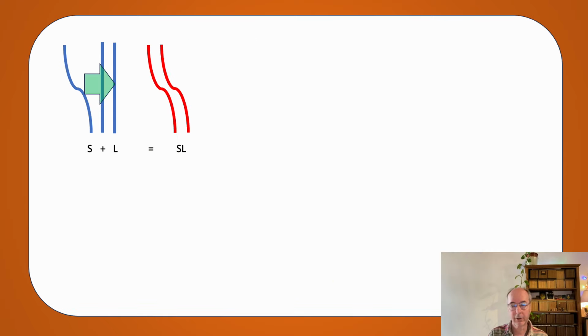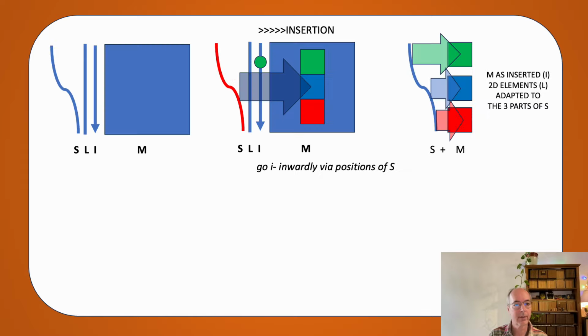And just to analyze it a little bit further, we know that S plus L has this kind of form. By SLI adapting to the maximum size of M, but with an insertion in it, we take also the full frame of insertions in the 3 parts.